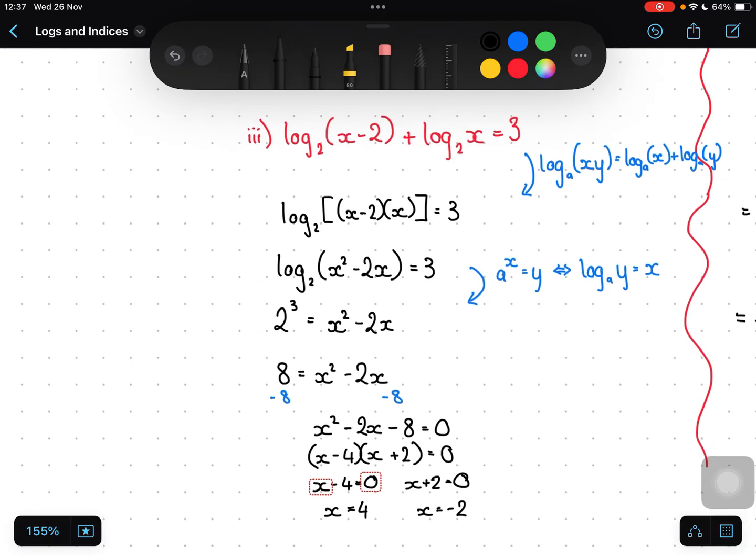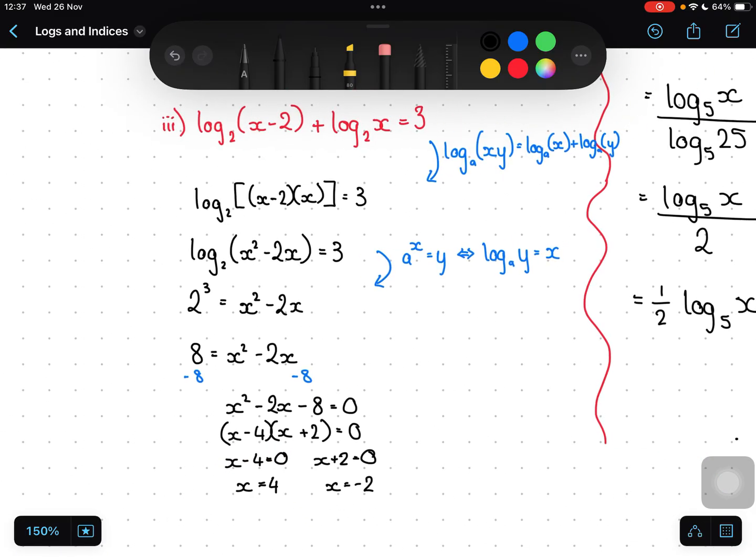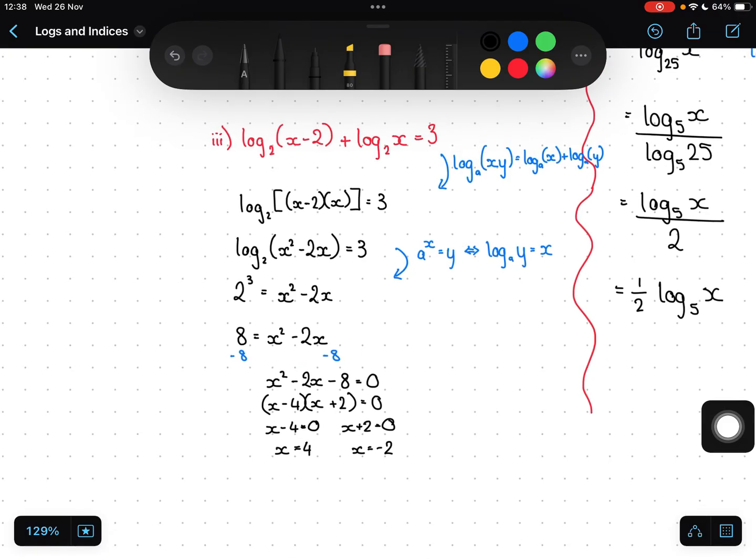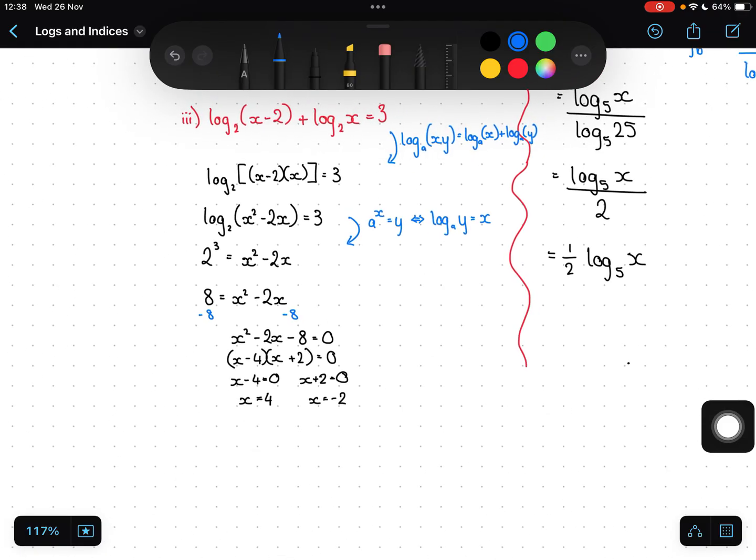Have a quick look back and check that both your answers are valid. If I sub in 4, I would have log with a base 2 of 4 minus 2, so log with a base 2 of 2. So 2 to the power of what would give me 2? Let me quickly do this out so I can make it really clear. Let's check both of these.